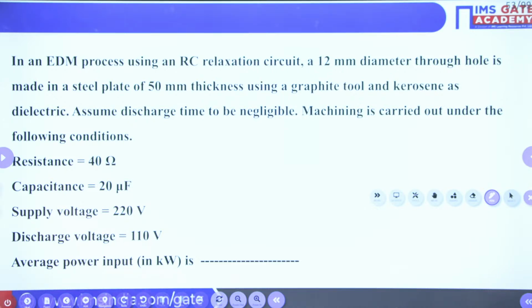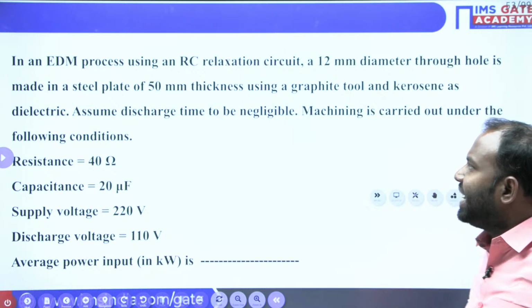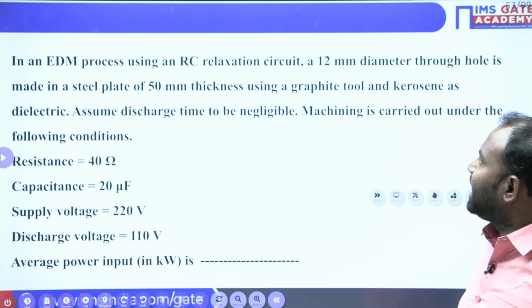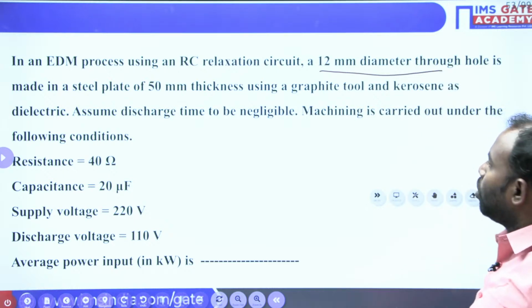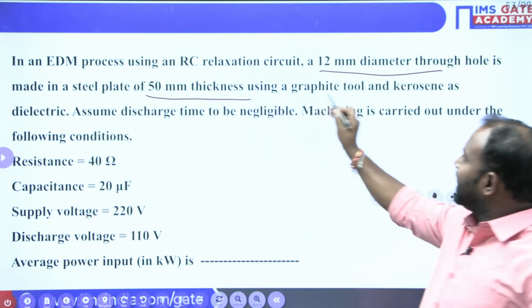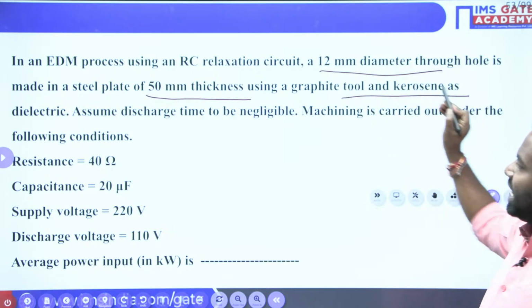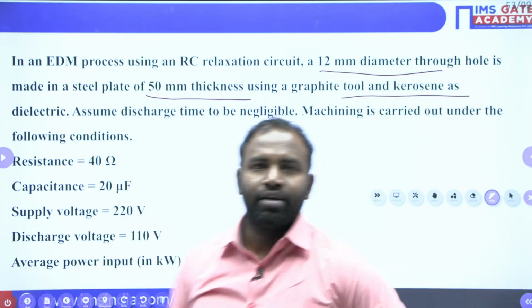Right. Now, let me go for solving this question. So, what is the question here? In an EDM process using an RC relaxation circuit, a 12 mm diameter through hole is made in a steel plate of 50 mm thickness using a graphite tool and kerosene as a dielectric fluid.